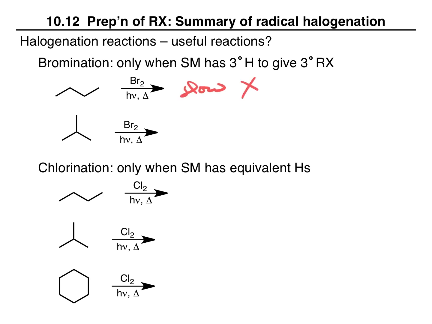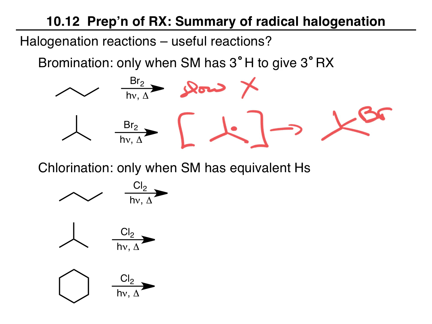So not a very useful reaction. Here, we could either abstract a hydrogen from these to give primary radicals. That's not going to happen. Or we could abstract a hydrogen from here, which will give, as an intermediate, a tertiary radical, which then reacts to form this bromide almost exclusively.